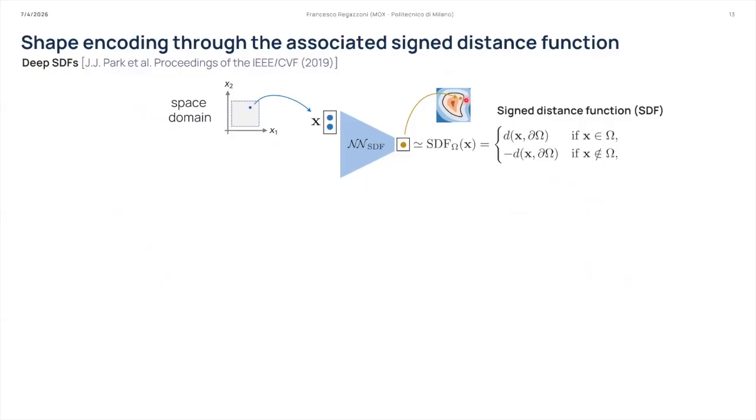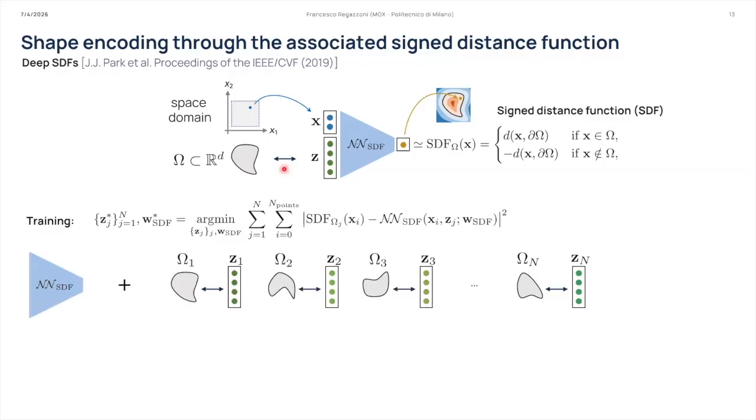That is a function whose absolute value is the distance from the boundary and where the sign is negative outside and positive inside. So again, we can represent the signed distance function by means of a neural field. That is a neural network that takes the physical coordinate and outputs the value of the signed distance function. And we can condition this model on some latent code that is associated to its geometry.